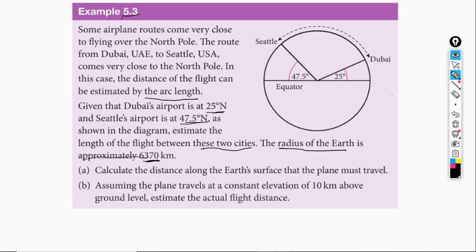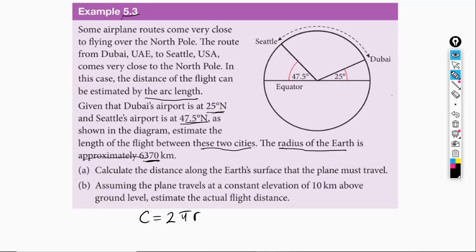Okay. Part A, calculate the distance along the Earth's surface that the plane must travel. Now, remember that arc lengths are related to circumferences, because that's just a piece of the circumference. And let's recall that the circumference of a circle is given by 2 pi r as a formula. So really what they want us to find is a fraction of the total circumference. And that fraction is going to depend on the central angle.